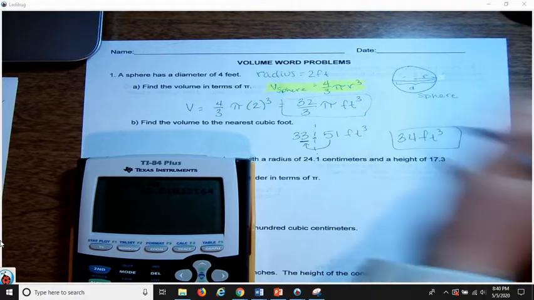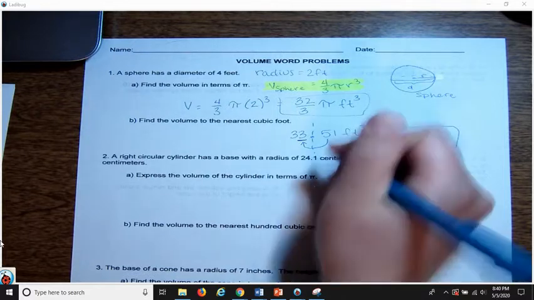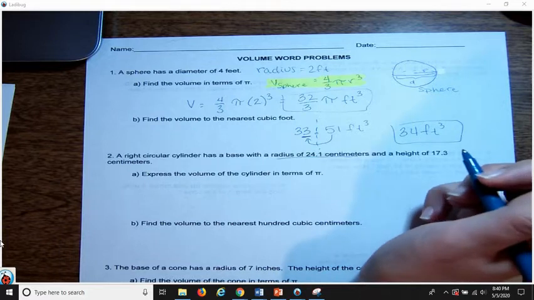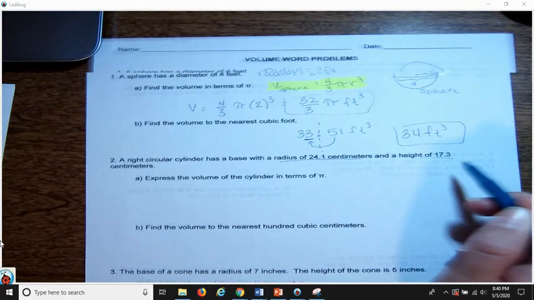All right, so that's the sphere. The next thing we have is a right cylinder, and it has a base radius of 24.1 centimeters. This is a key thing. And then the height of 17.3 centimeters. So let's draw out what this would look like.